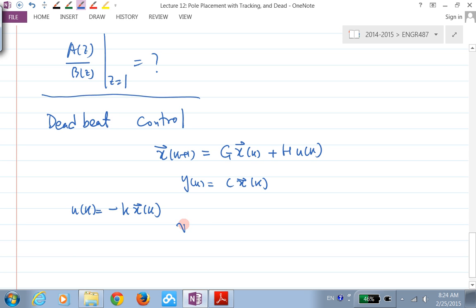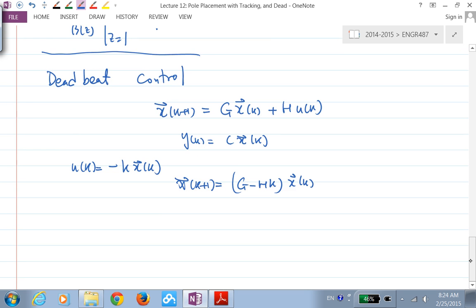Then the closed loop system ends up with g minus hk times x of k. As we learned, the solution of the system is g minus hk to the power of k, times x of 0.